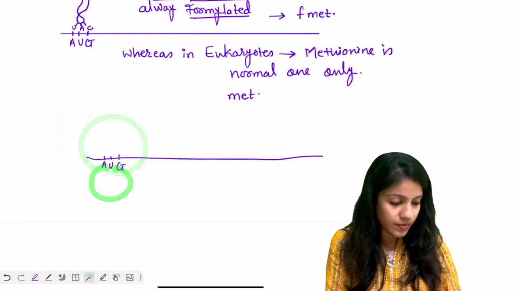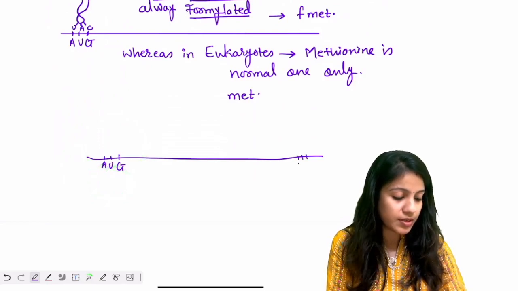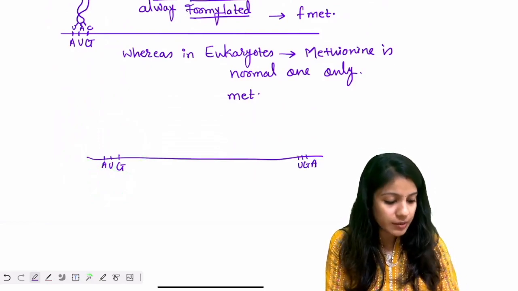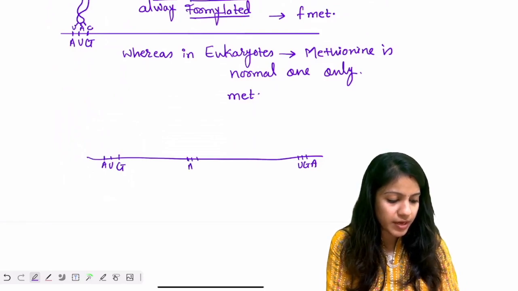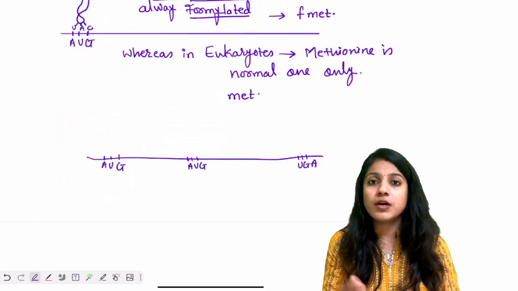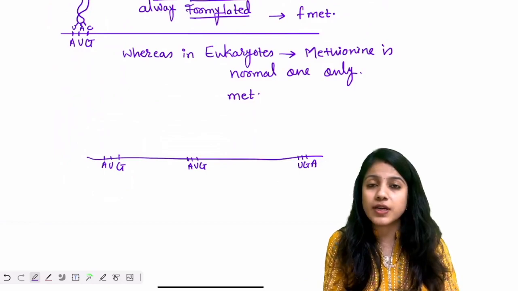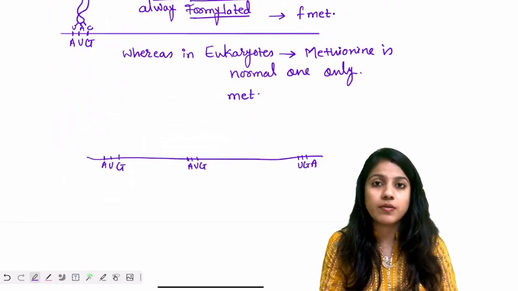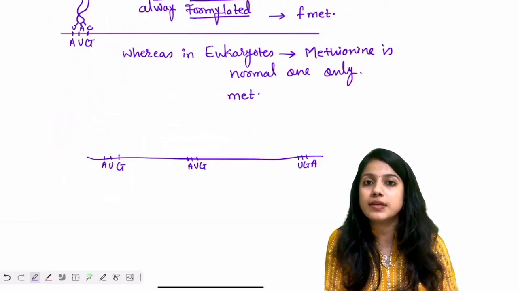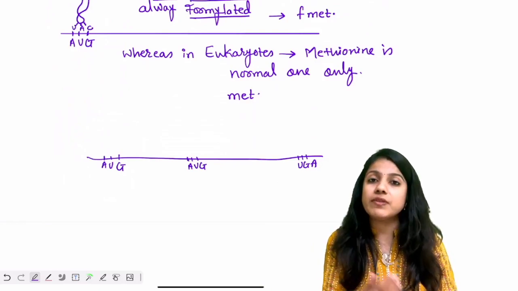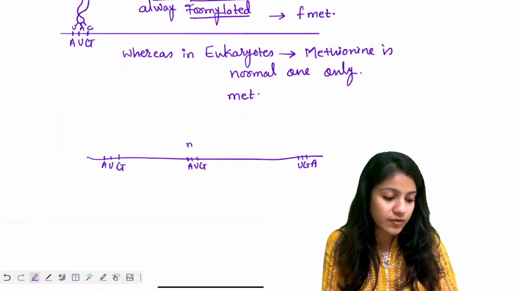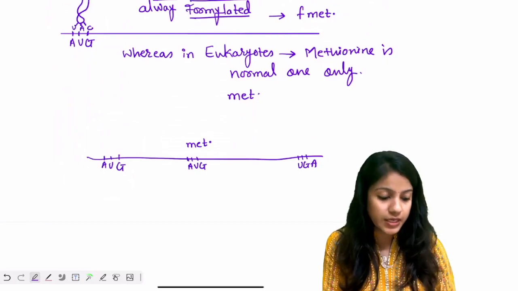Now, stop sequences are here. Say, for example, here, UGA. So, in between also, AUG may come, no? Once or twice or thrice or many times, I don't know. How many times they are coming, we can't say anything, right? So, if they are coming, that methionine will be normal only, right?